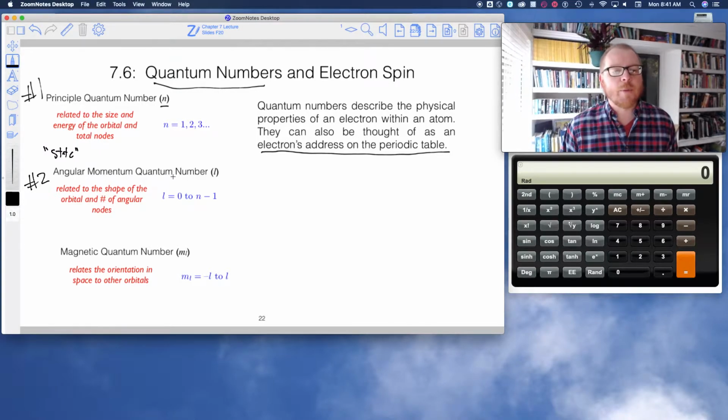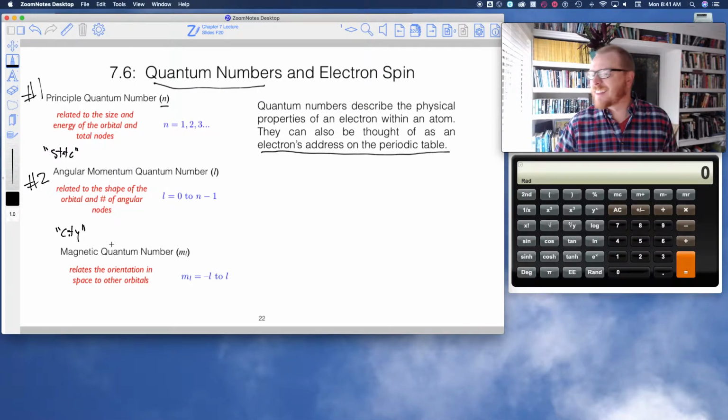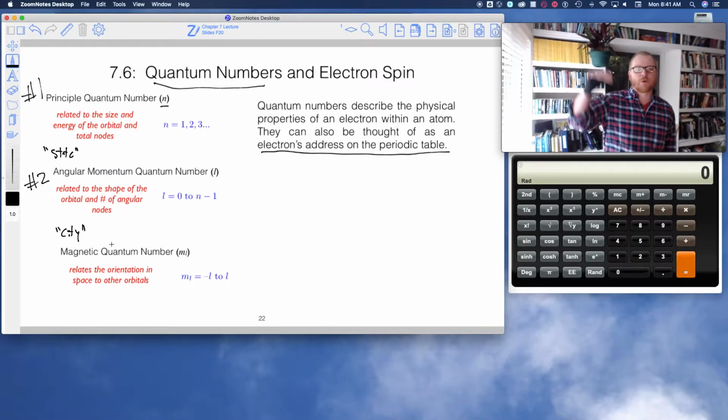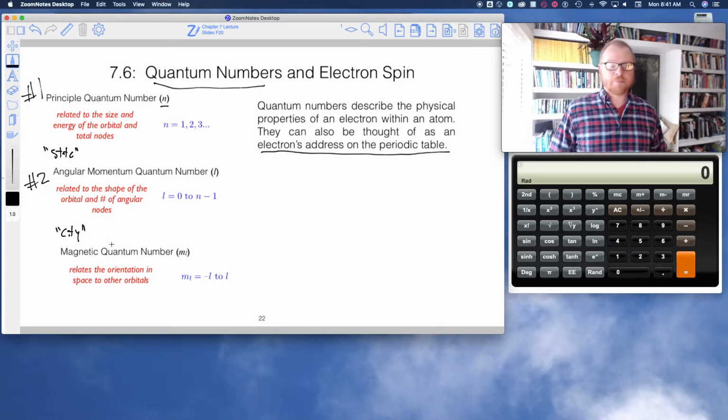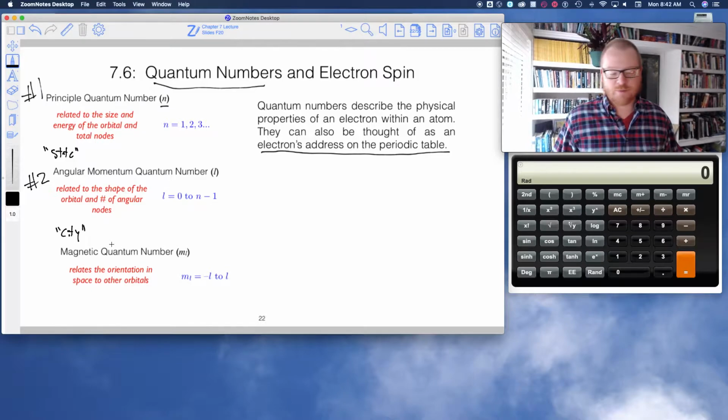So the angular momentum quantum number, L is the letter, depends on the principal quantum number. I like to think of this as the city that you live in, if we were thinking of this as a hierarchy for addresses. It can take on any value from 0 all the way to n minus 1.